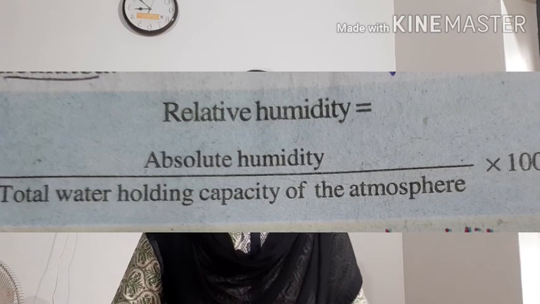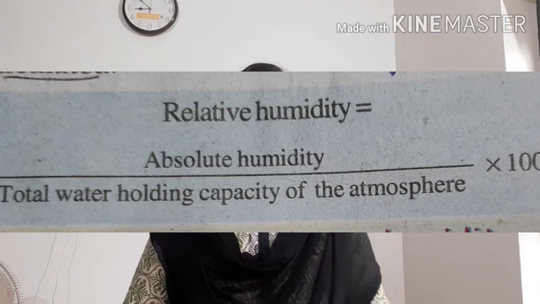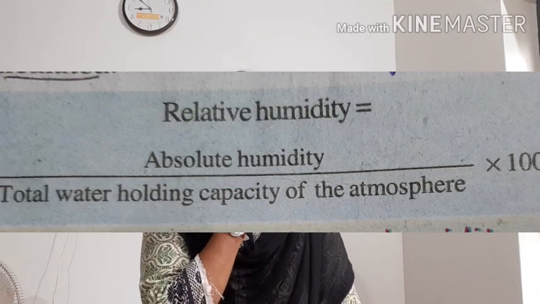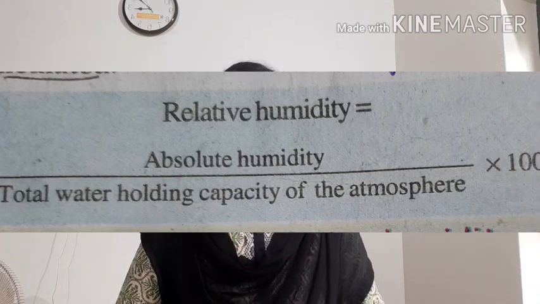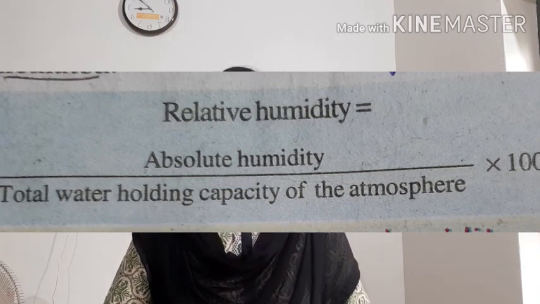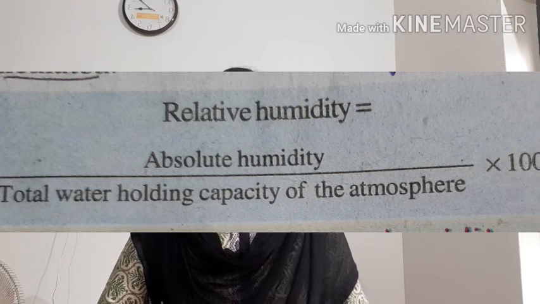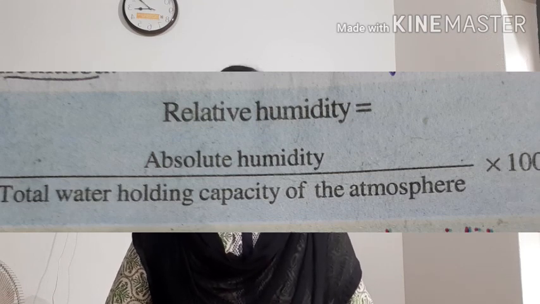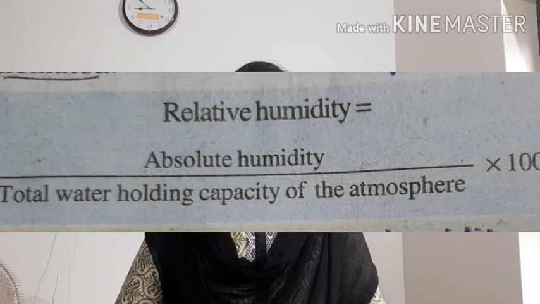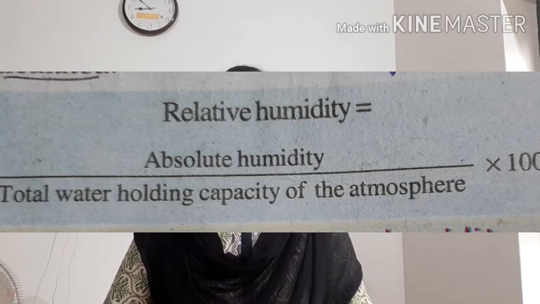To understand, all of you look at it. Relative humidity is equal to absolute humidity divided by total water holding capacity of the atmosphere, multiplied by 100.